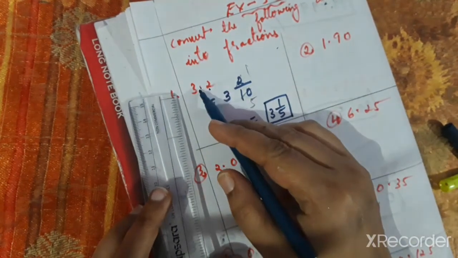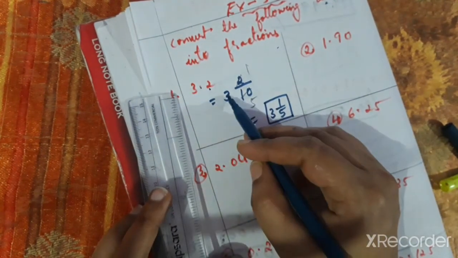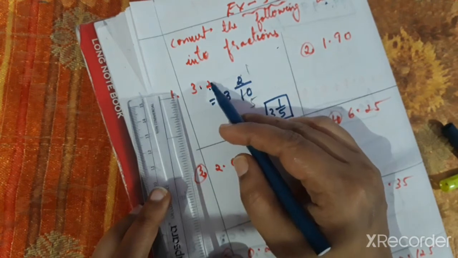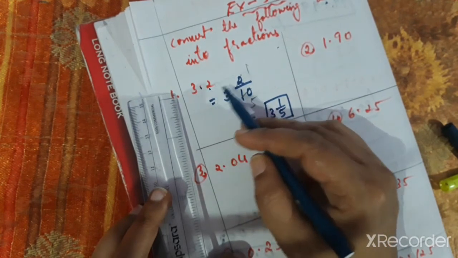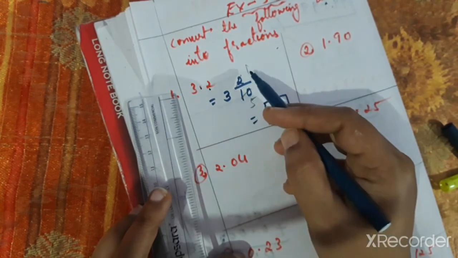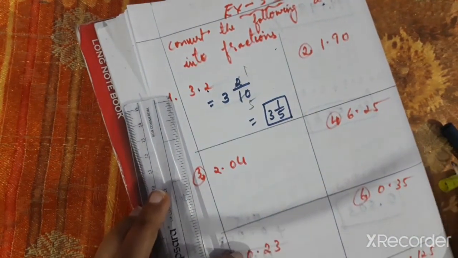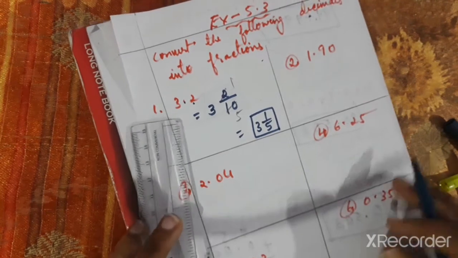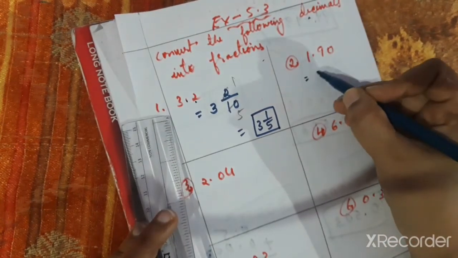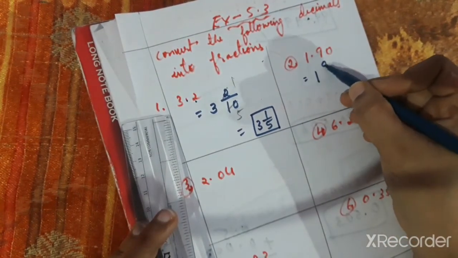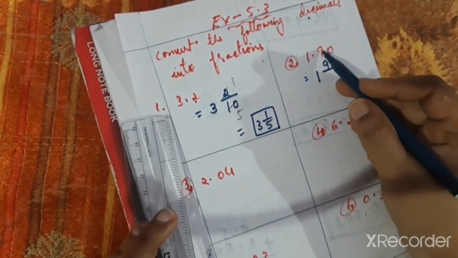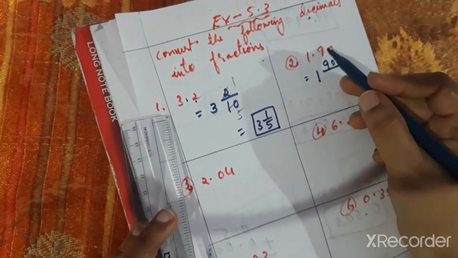Before the decimal point comes the whole number, and after the decimal point is the fraction part. Write the fraction part and, if we can cancel or reduce with the common tables, reduce it. Here 1 becomes the whole number and 90 becomes the numerator.